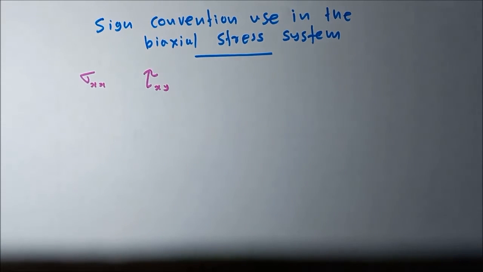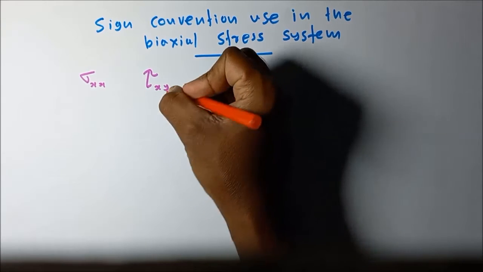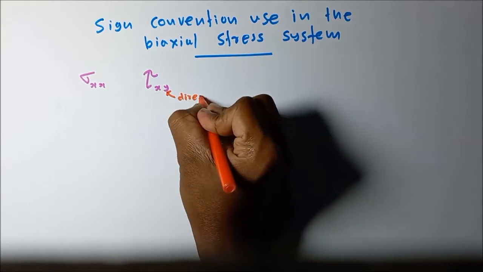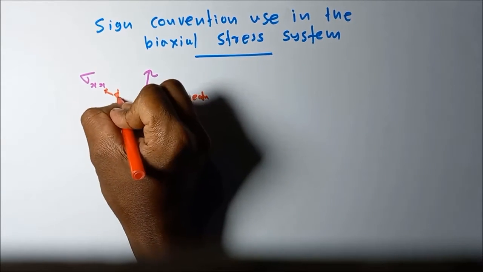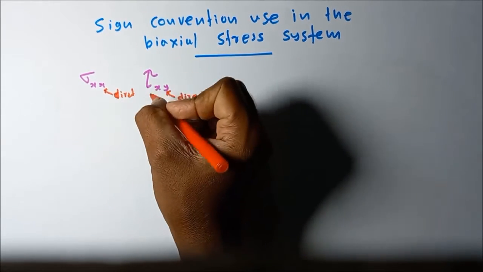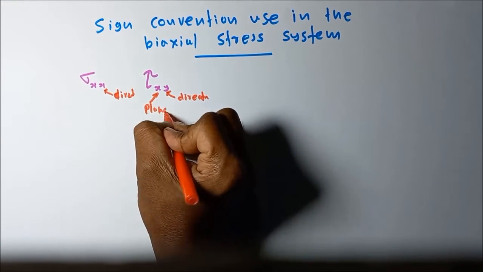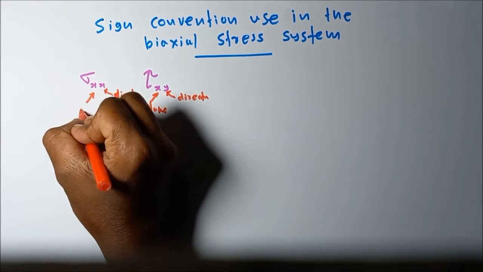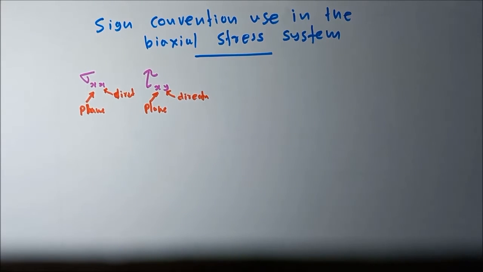The first subscript letter says the direction it is acting. The second says the plane it is acting on. So direction and plane, the two subscript letters we are using.